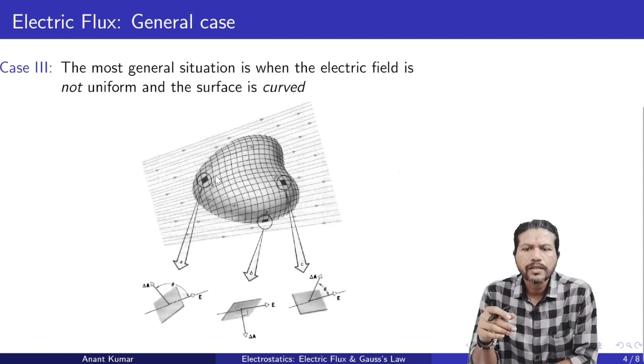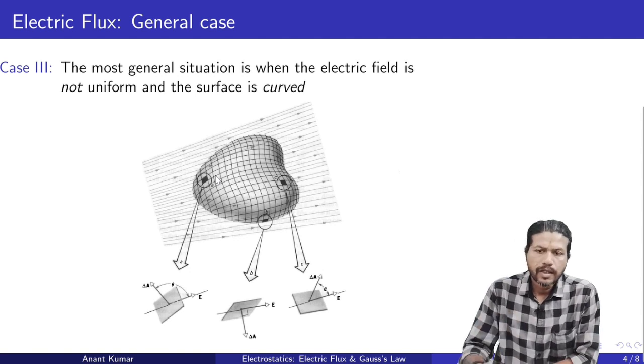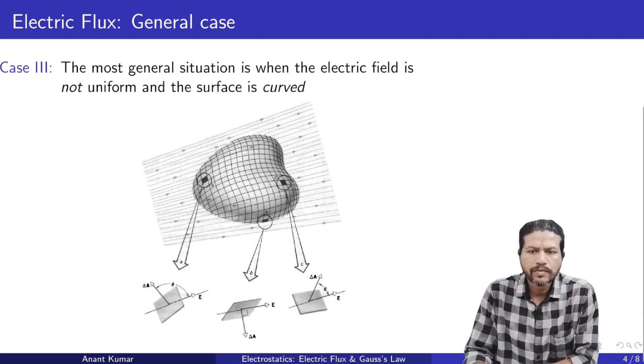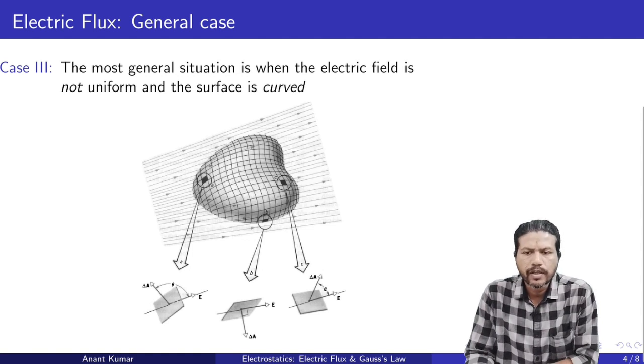So we can treat the surface as if it was just a plane surface. Fine. With that in mind, you can see that in this diagram, for example, we have a few pieces shown where the area vector and the electric field vector are oriented in a different way. For example, in this case, the angle between the electric field and the area vector is more than 90 degrees. In this case, it's exactly 90 degrees, while in this case, the angle is less than 90 degrees.